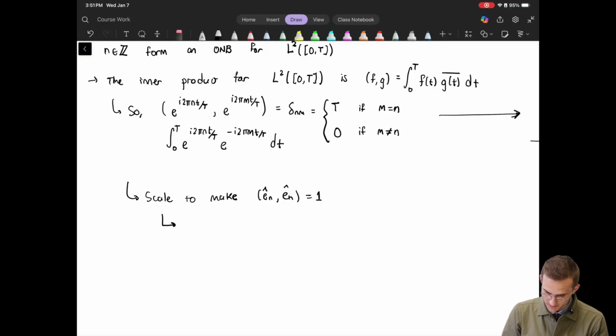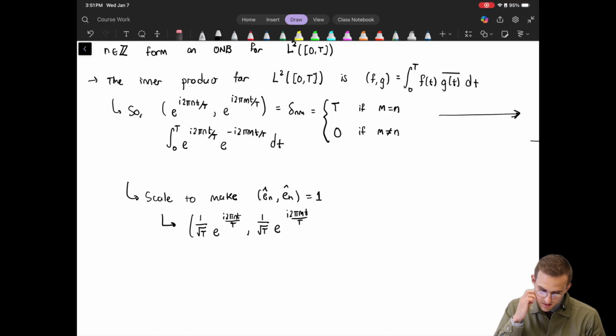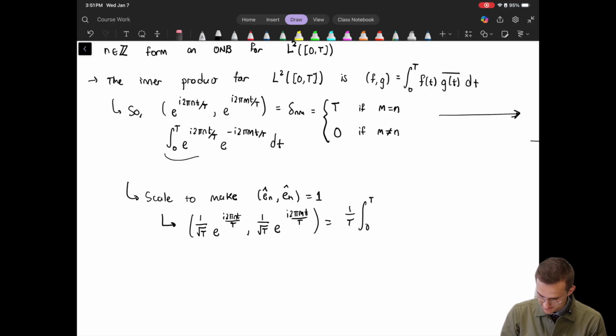What that looks like is the following, where you have 1 over the square root of t times e to the i 2 pi n t over t, dot product with 1 over the square root of t times e to the i 2 pi m t over t. In integral form, that's 1 over t, integral from 0 to t, of just this, and that's going to be equal to t over t, which is equal to 1.